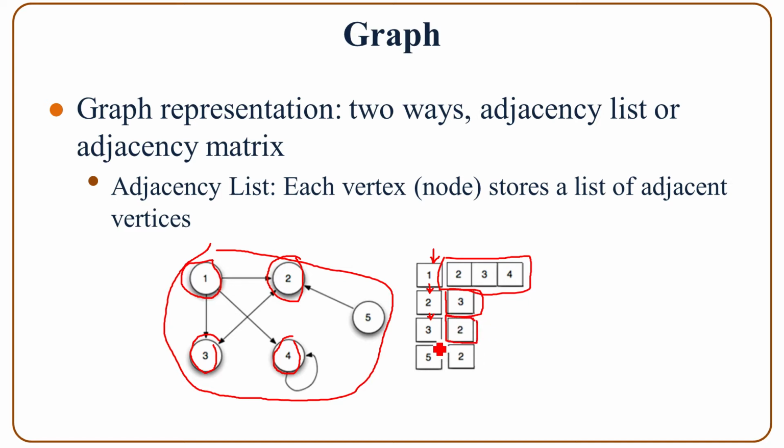And finally, node 5 is here. Node 5 can reach node 2, so the adjacency list has only node 2.